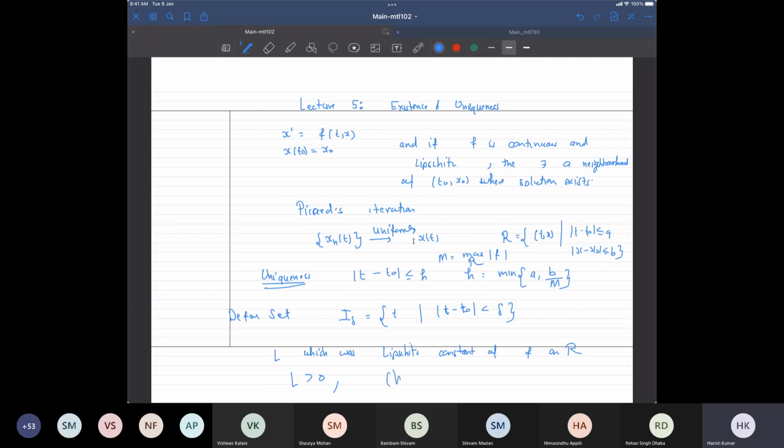So we choose delta positive such that L multiplied with delta is strictly less than 1. Now this is the important choice, that this has to be less than 1. There is no issue with that. We can always make delta small. First, we want a solution to exist on I delta, so delta has to be less than h, and in addition, we can take it much smaller. Smaller delta is not a problem.